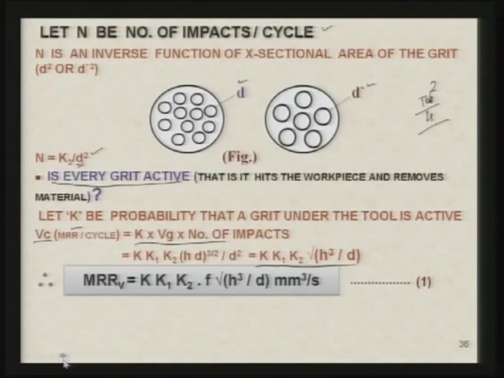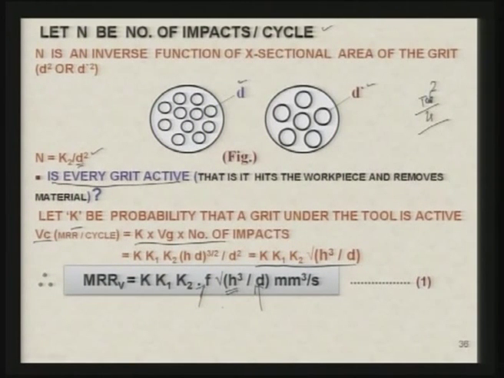Now, in this particular formula we see very clearly k k1 k2 can be evaluated from the experimental results. f is the frequency that is known to us well in advance, the diameter d of the abrasive particle or grit size we know already from the mesh size.